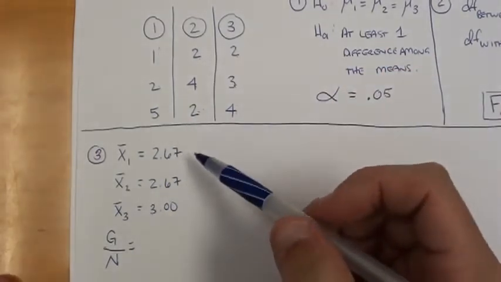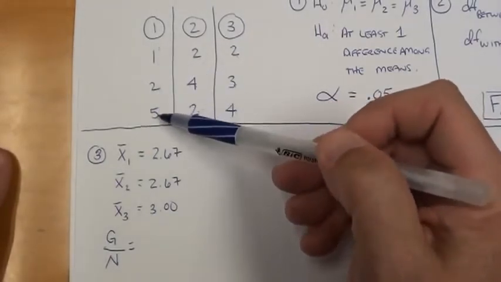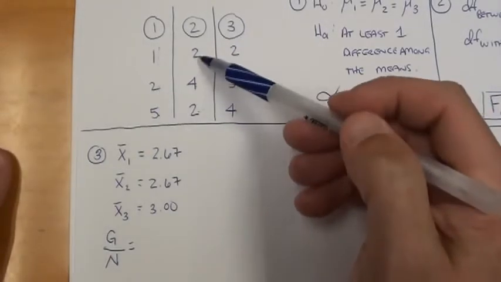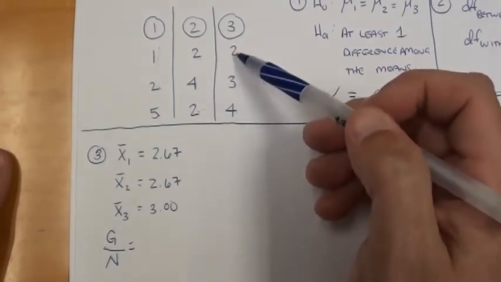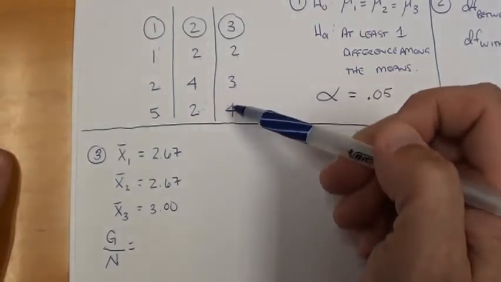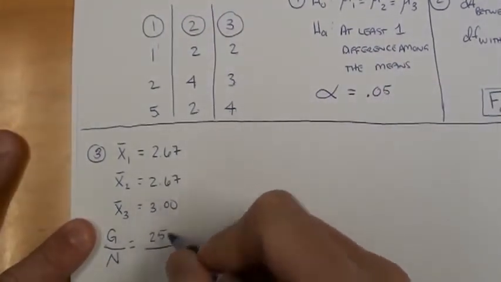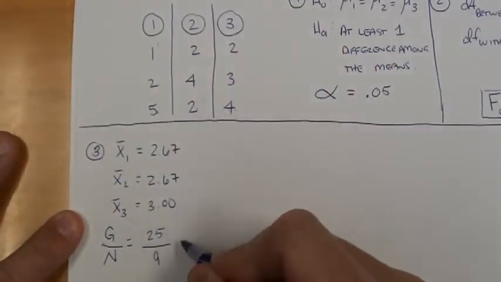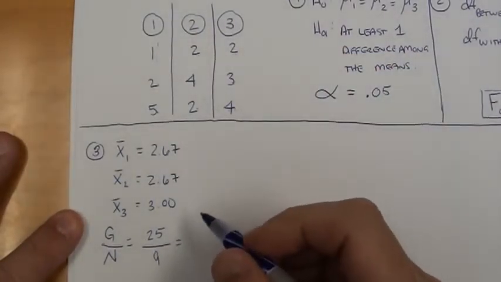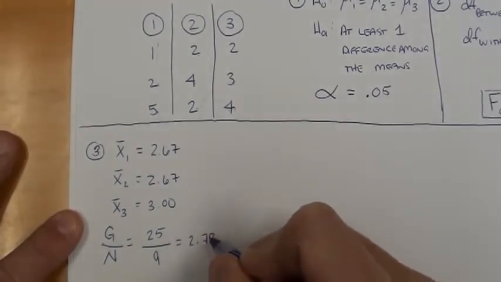So what is that? That is 1, 3, 8, 10, 14, 16, 18, 21, 25. So that's 25 divided by n, so that's 9, is going to give you a grand mean of 2.78.